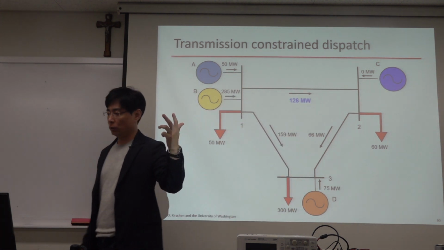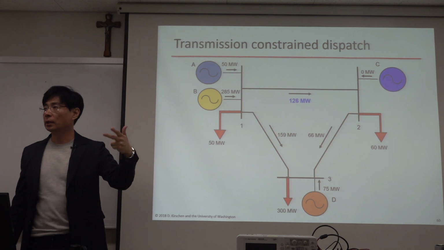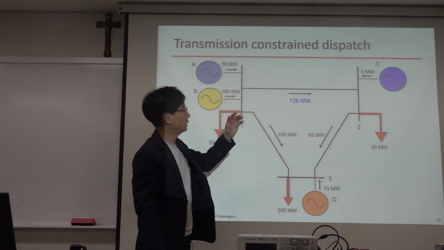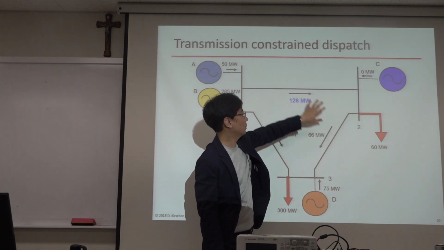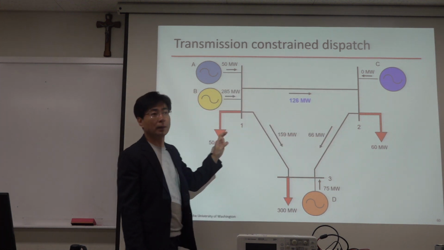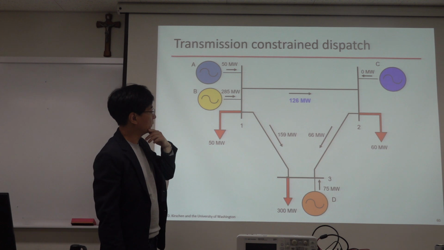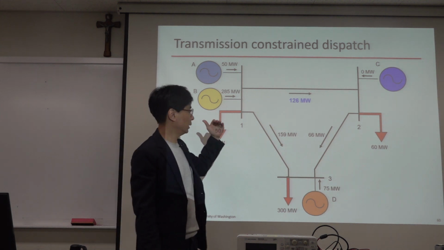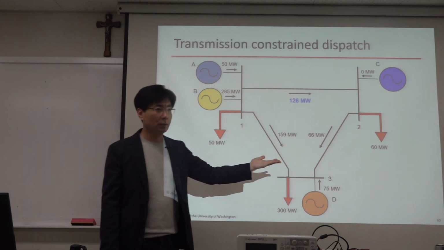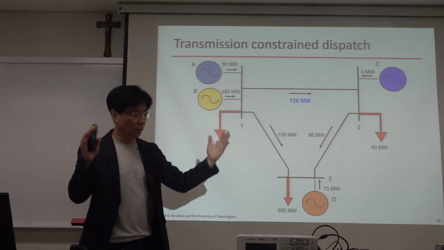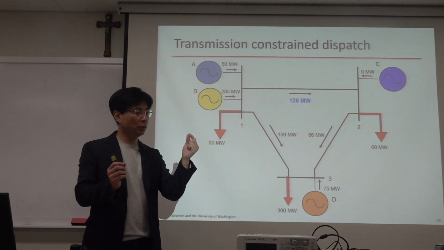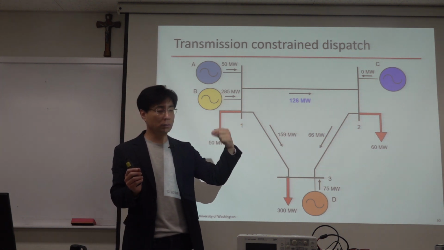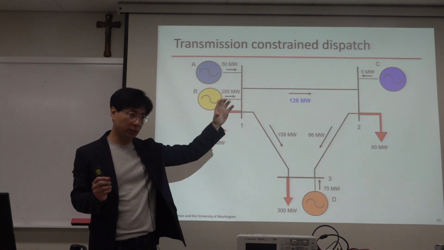I think you have 2 or 3 variables, how much to inject at each node, and that needs to satisfy the maximum line capacity of each line, and also the total supply is equal to the total demand. Those are the constraints, and you need to pick the combination of P1, P2, P3 that minimizes the total cost. So that's the objective function.